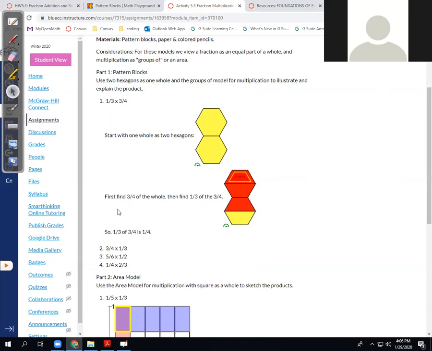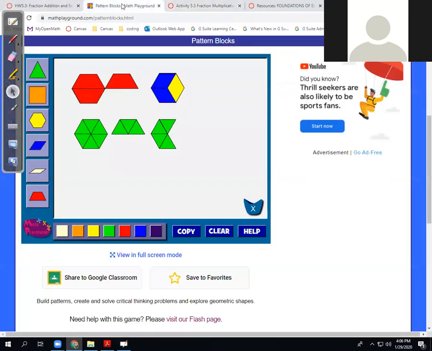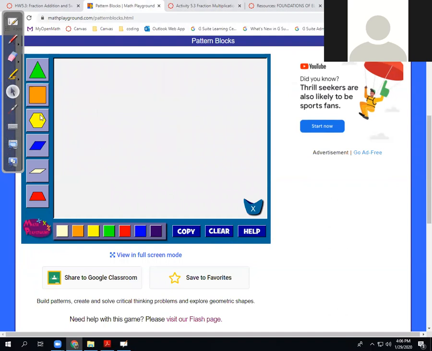Okay? Because you can't find 1/3 of something if you don't know what it looks like. That make sense? So first thing I have to do is show what's 3/4. Okay, so show 3/4 with your pattern blocks. 2 hexagons is one whole. What does 3/4 look like? 75%. Or yeah, 75%, right? Some kids are going to be down with that.